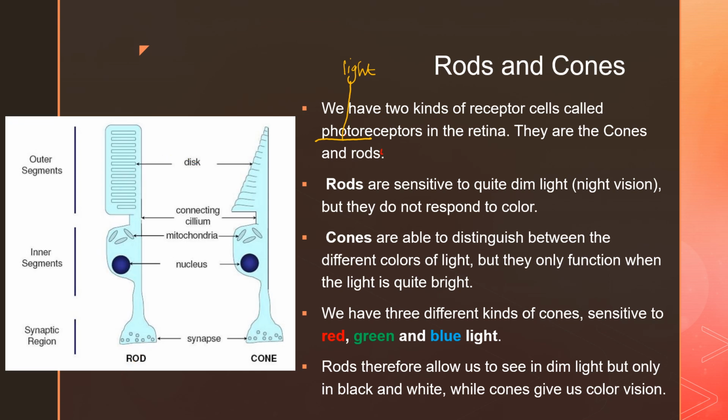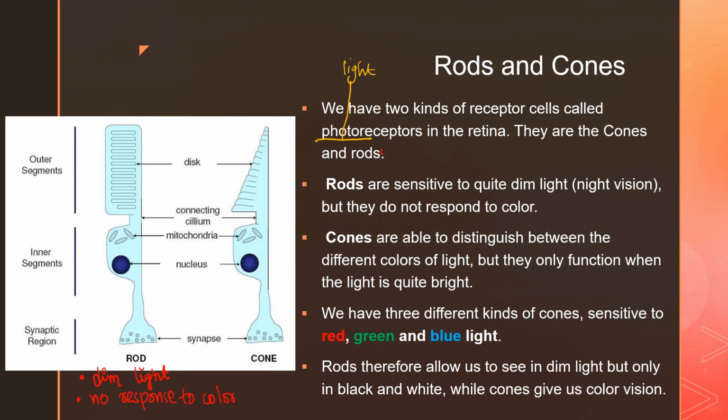Then rods are sensitive to quite dim light or night vision and do not respond to colors. So let's write them down. Rods are sensitive to dim light or night vision. No response to colors.